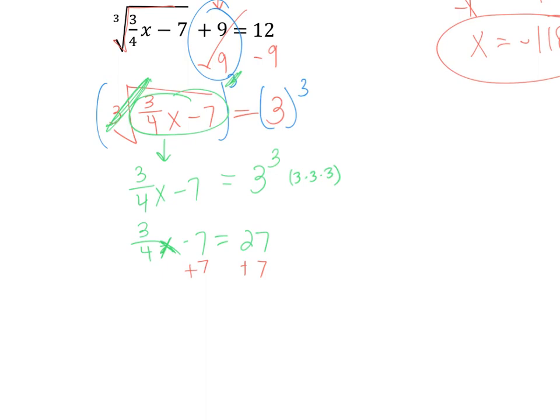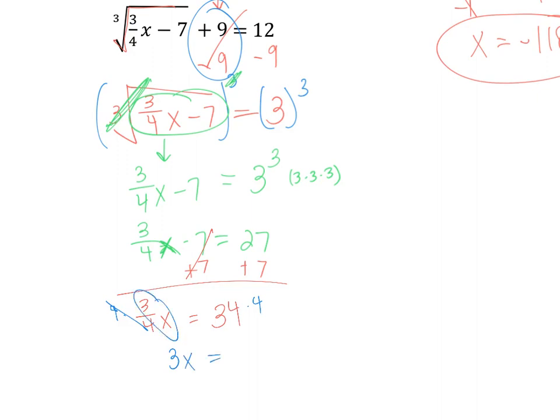So when I add 7 to both sides, this cancels out, and I am left with 3 over 4x equals 34, okay? Now, in order to get rid of this fraction, I need to multiply each side by the denominator, okay? So these 4's are going to cancel out, and 34 times 4 is 136.